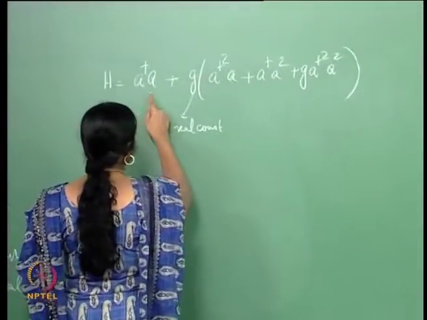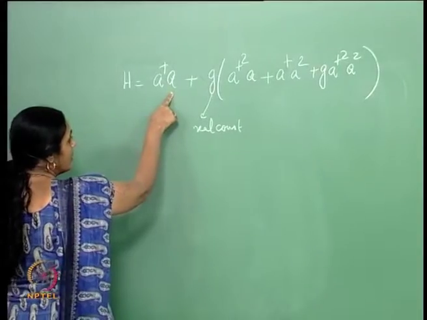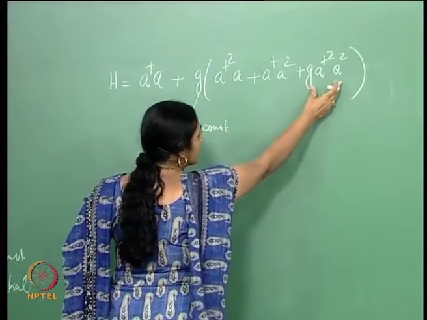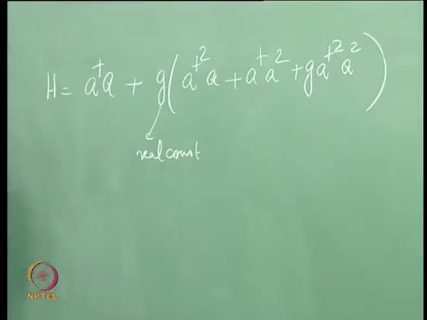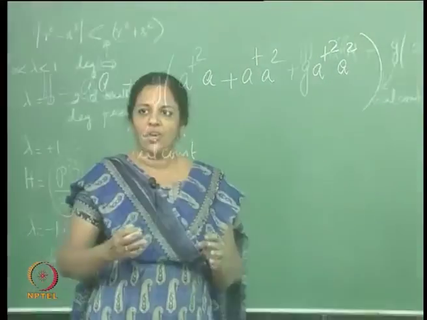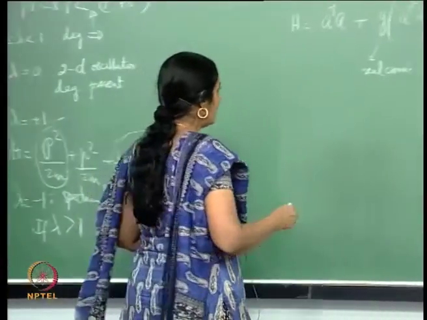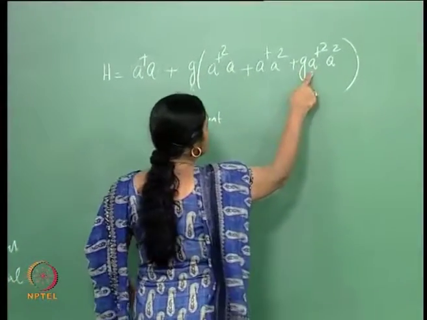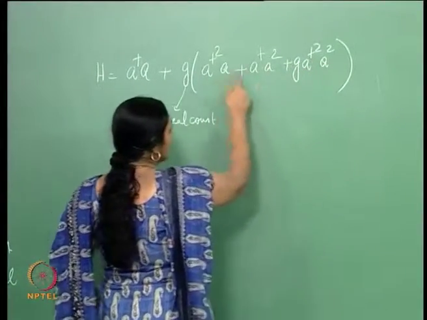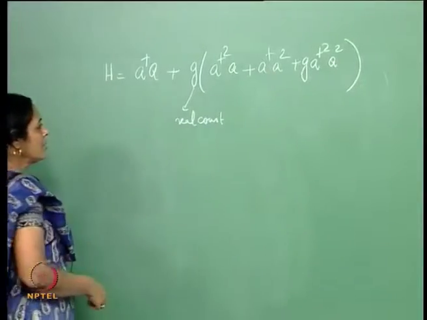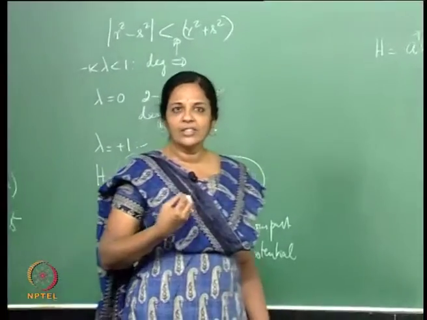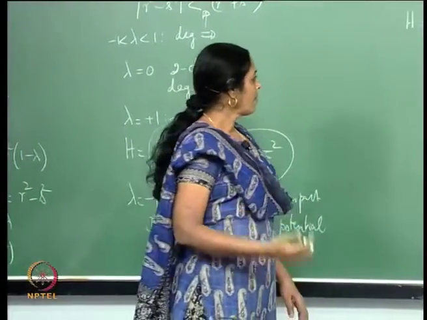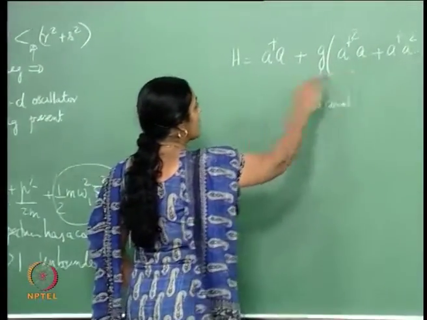Normally, I would have worked with just A dagger A. Now, if I put in an A dagger squared, A squared term, that effectively models a nonlinear optical medium. Nonlinear because it has more than one power of A dagger and A, and the same thing happens here. So there are physically realizable optical media, nonlinear media, which can be modeled by this Hamiltonian.